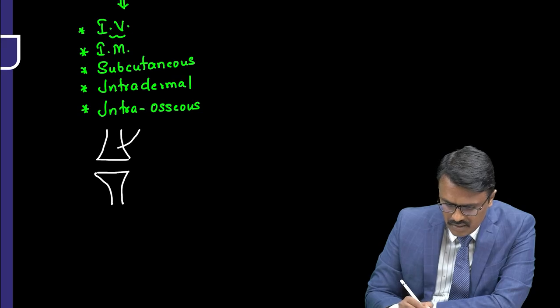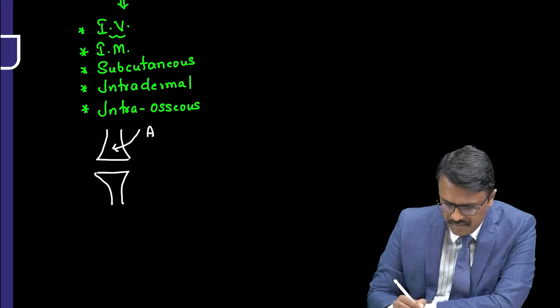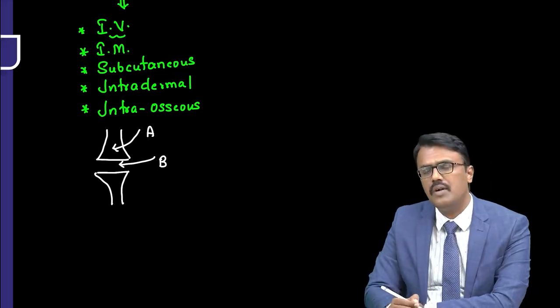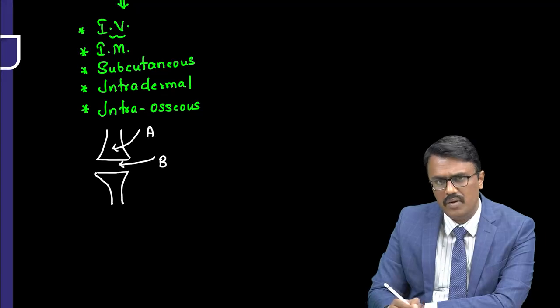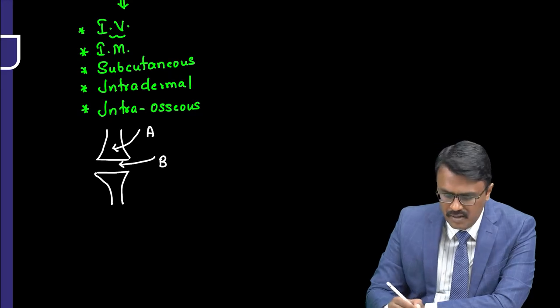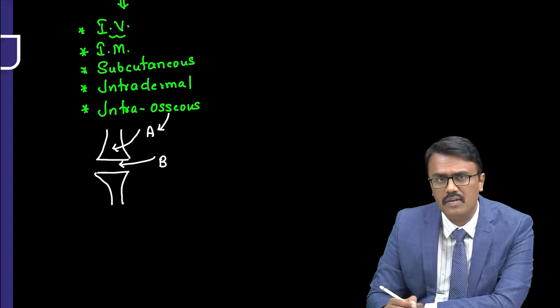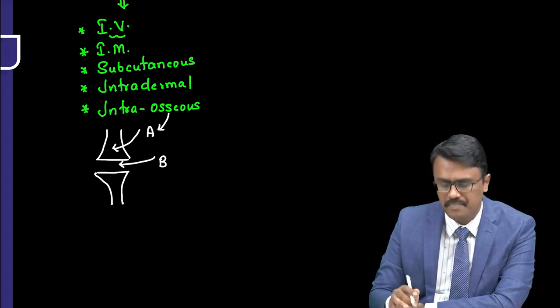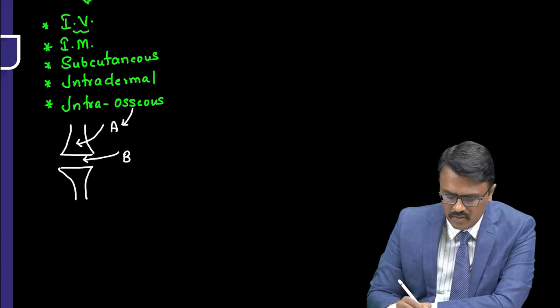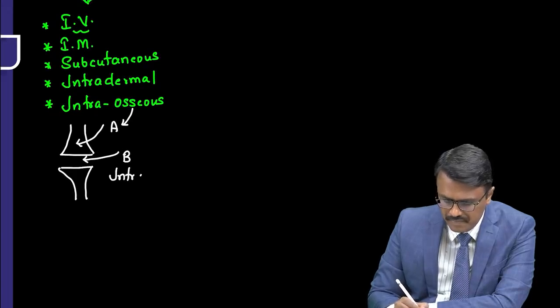Now if I give the injection here, that is A, or if I give the injection here, B, now you pause the video and tell me, A and B, which one is intraosseous? If you're telling A, that is fine. This is intraosseous because we are giving it to the bone marrow.